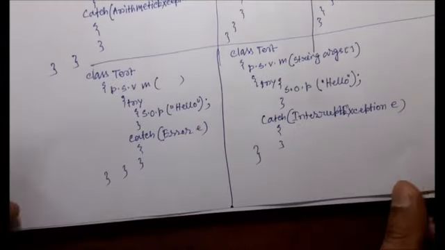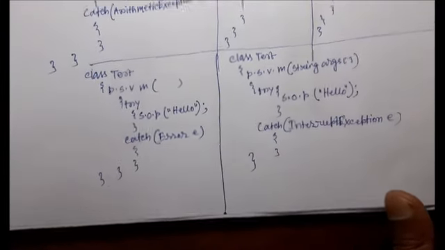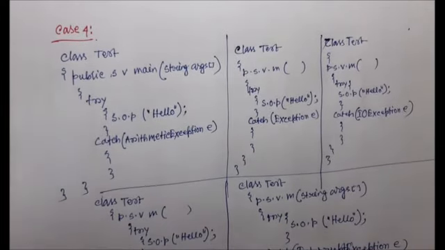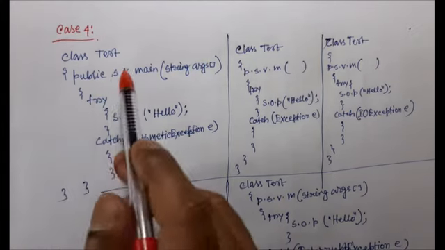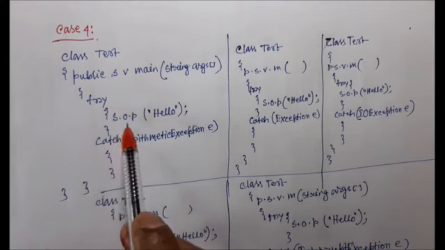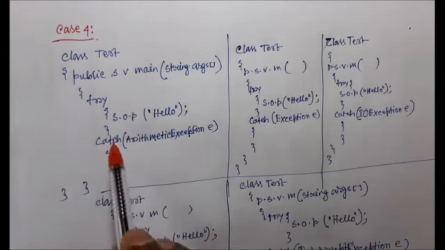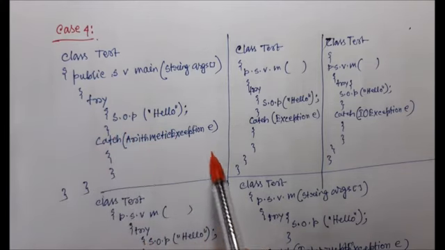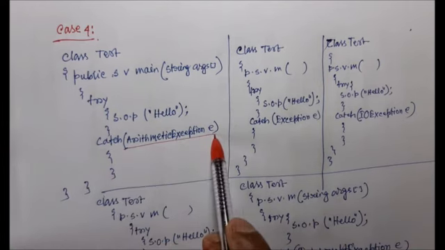Now consider another case, which is the last case about this throws keyword. Here I have taken 5 classes. The class name is the same. In the first class Test, public static void main String args, try System.out.println hello, and then catch ArithmeticException e. So the first exception is ArithmeticException.